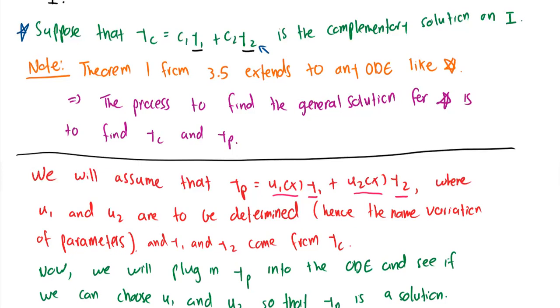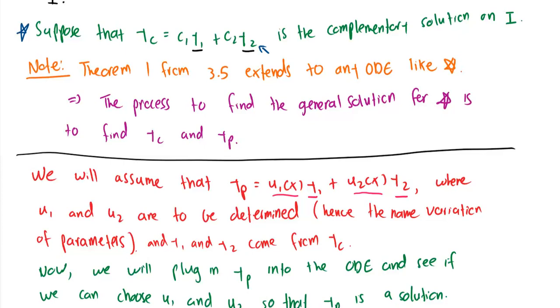As long as these are unknown functions of x, y sub p is not going to be in the solution to the homogeneous case. Meaning that when we plug this into the ODE, this is not going to go to 0. And it'll be possible, potentially, for us to find what u1 and u2 have to be in order for y sub p to be a solution. So that's where this reasoning comes from.